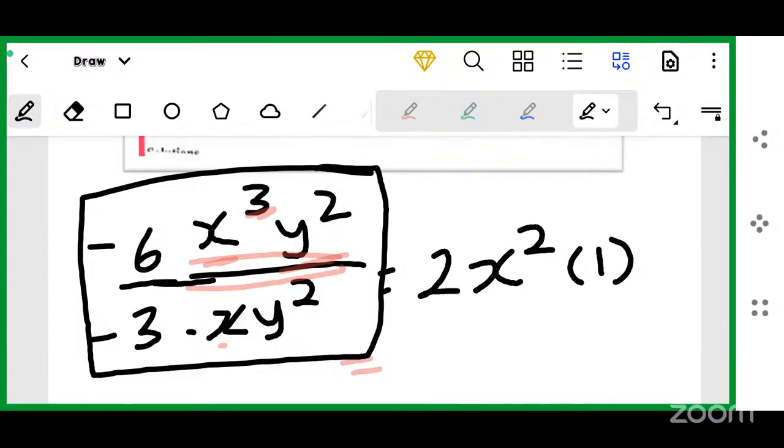Yes. Okay, so what's going to be your final? 2x to the power of 2. 2x to the power of 2. Perfect.